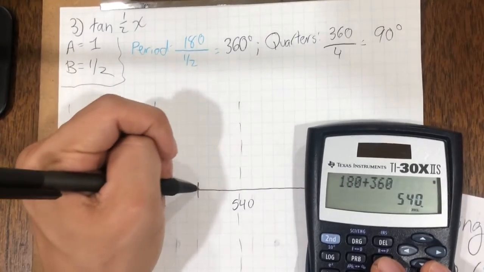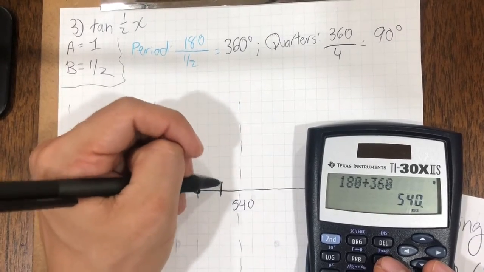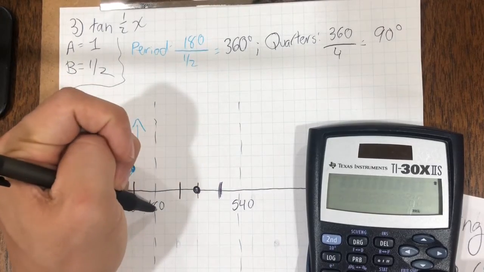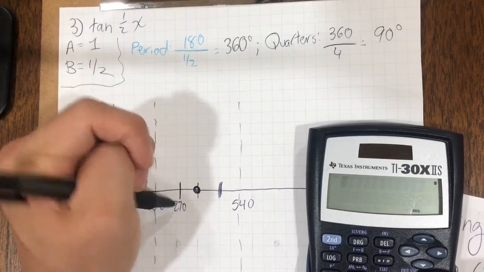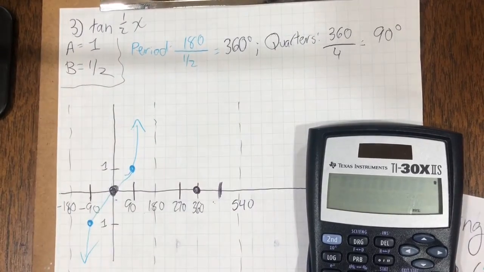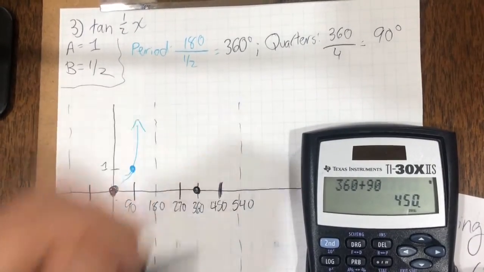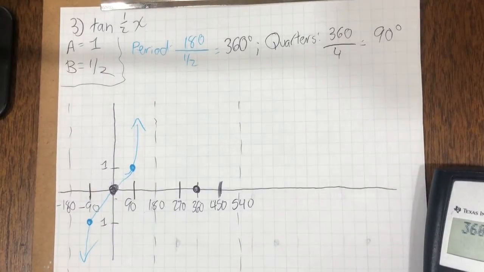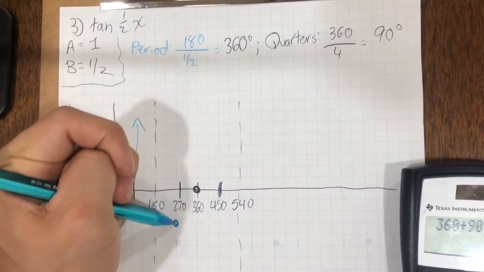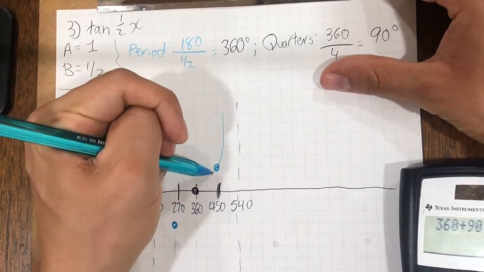So I have my midpoint, my low, my two halves. So I go from 180, then add 90, I get 270. Then 270 to 360, then 360 plus 90, we get 450. Now following the pattern, after this asymptote, we start back at the low, then the mid, then the high. Connect the points.